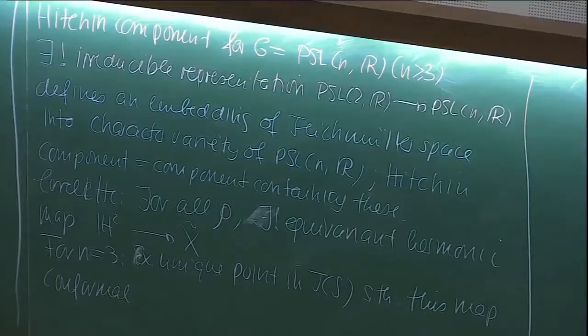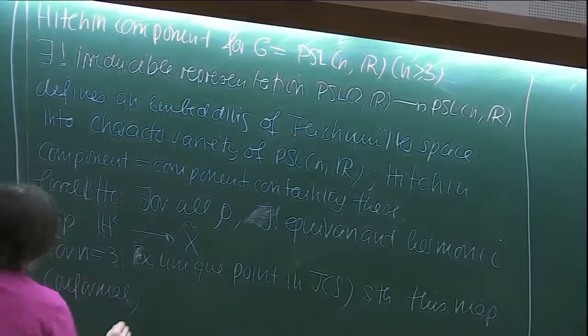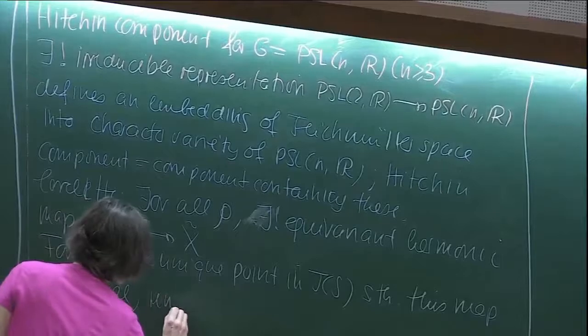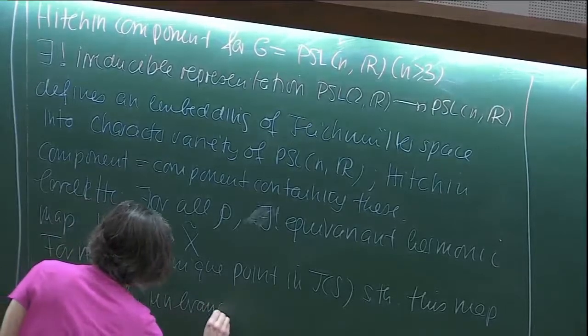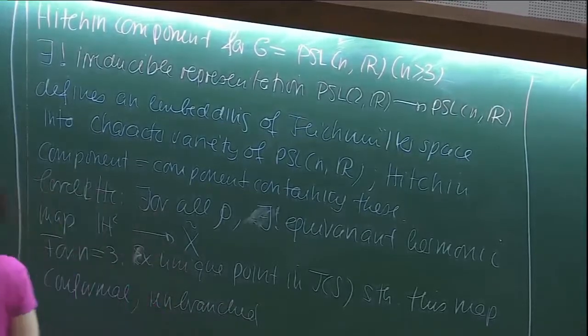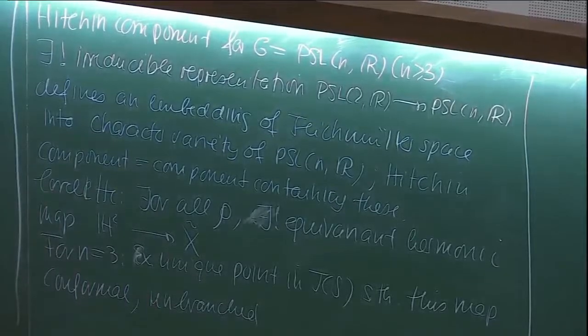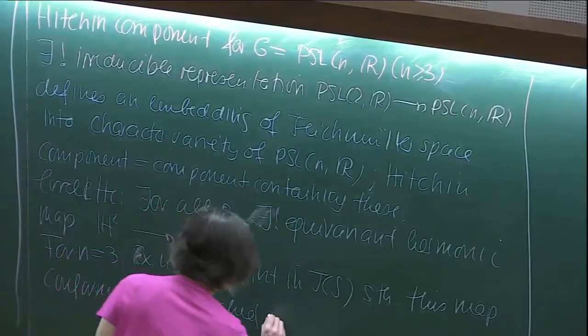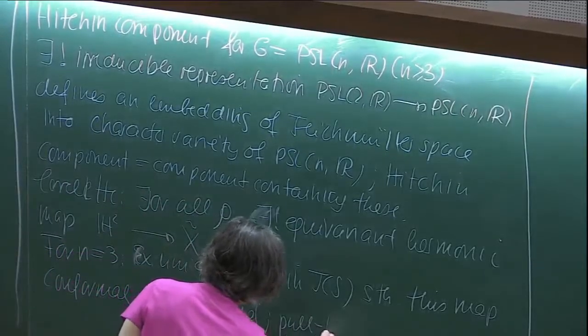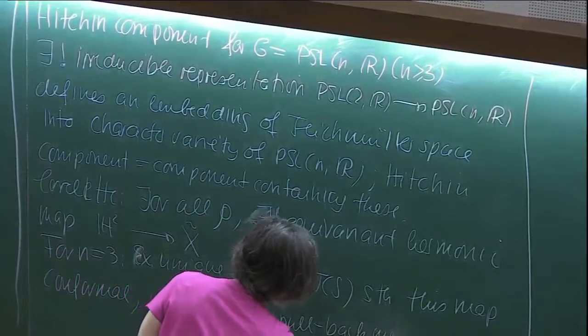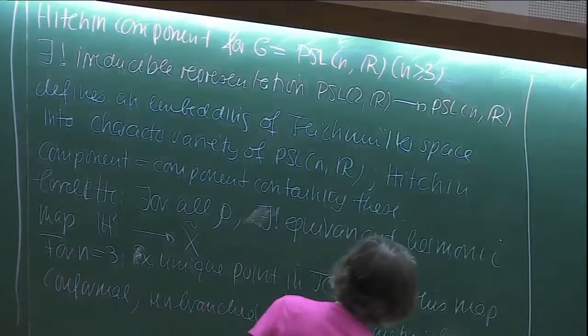So this means that the intrinsic metric, if it exists, so this conformal map might a priori be branched, but it's known that in this case it's unbranched, so it's an immersion. Once you have a conformal immersion, you get a minimal surface. So in other words, you can pull back the metric on the symmetric space to your surface. And this metric, the pullback metric, has non-positive curvature.